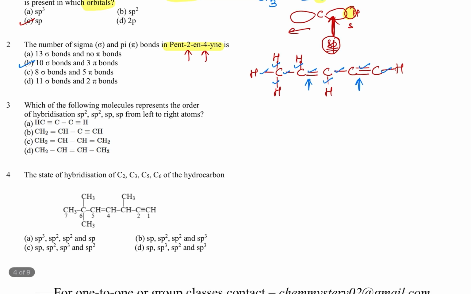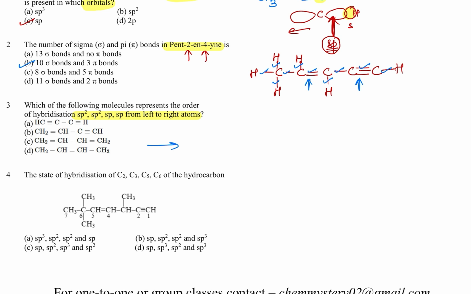Which of the following molecules represents the order of hybridization sp2, sp2, sp, sp from left to right atoms? So we have to see from left to right. sp2, sp2, sp, sp is the type of hybridization that we have to observe.